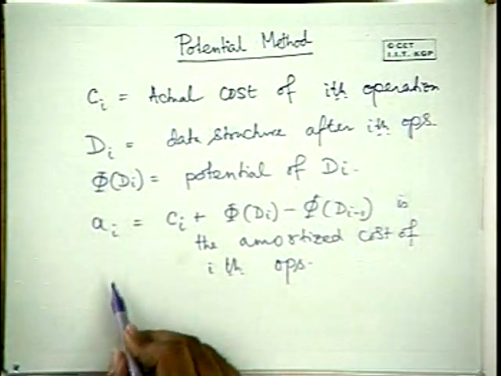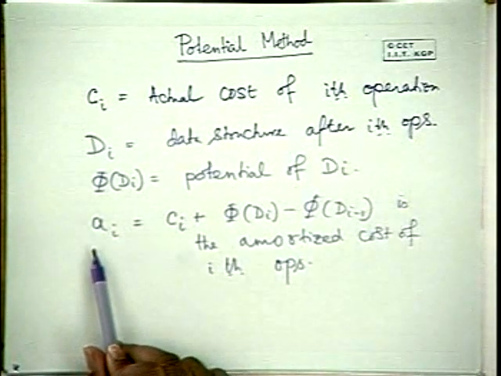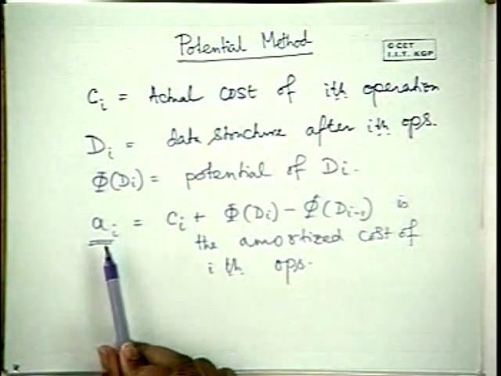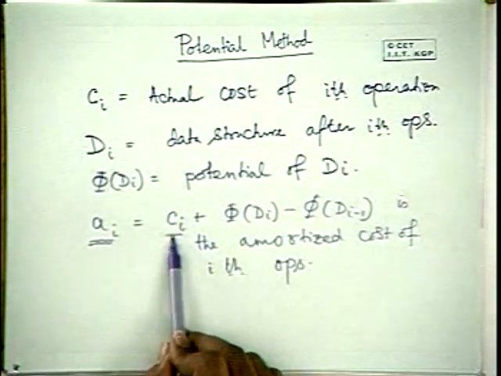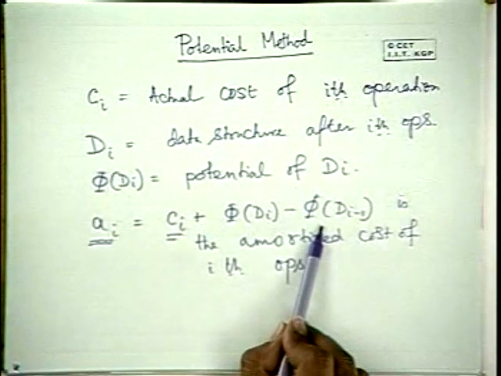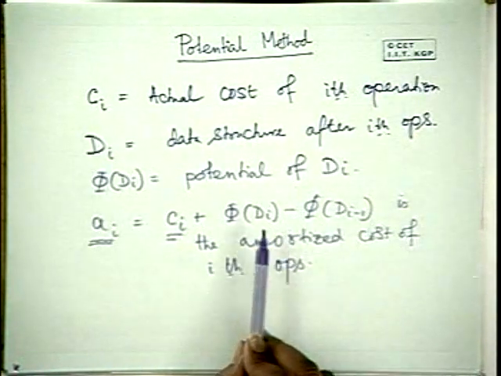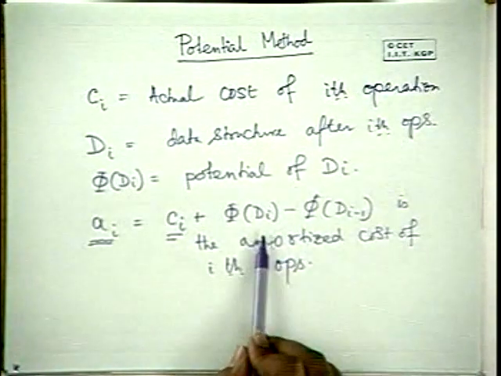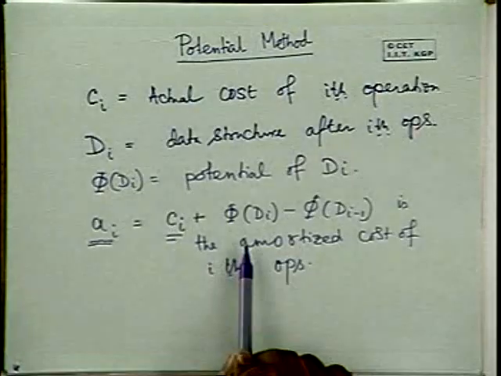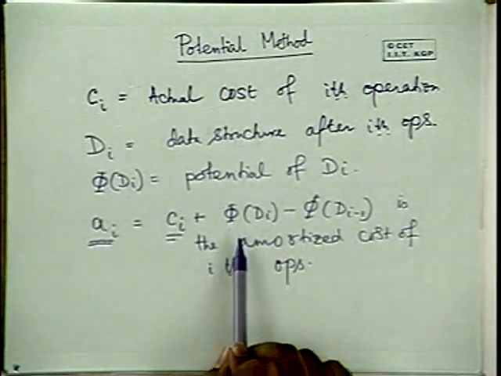So this is just a definition. Look at the amortized cost. Ai is the amortized cost which takes into account the actual cost Ci plus the change in potential in the data structure, phi of Di minus phi of Di minus 1, due to the ith operation. Now let me repeat. Suppose this change of potential is positive. What does it mean?